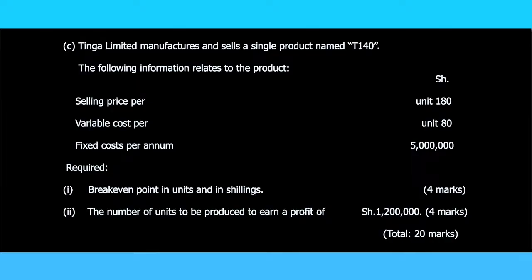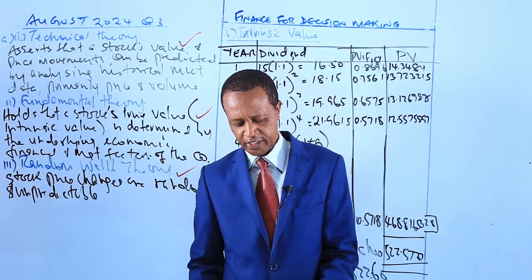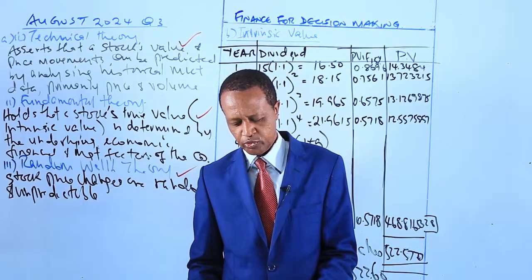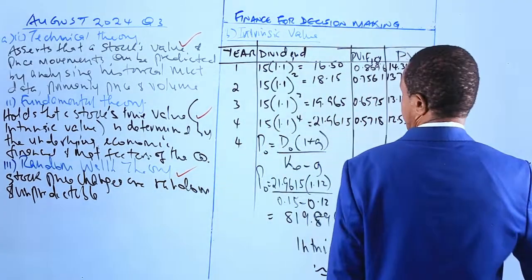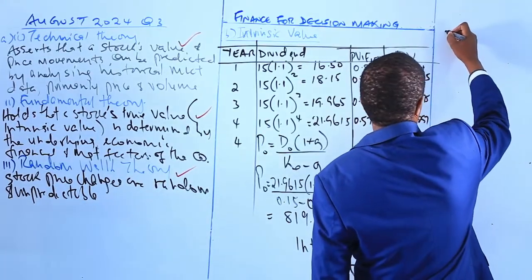Two, the number of units to be produced to earn a profit of 1.2 million. That is the question. We need to calculate, first of all, the break-even point in units, then the break-even point in shillings. So this is part C.